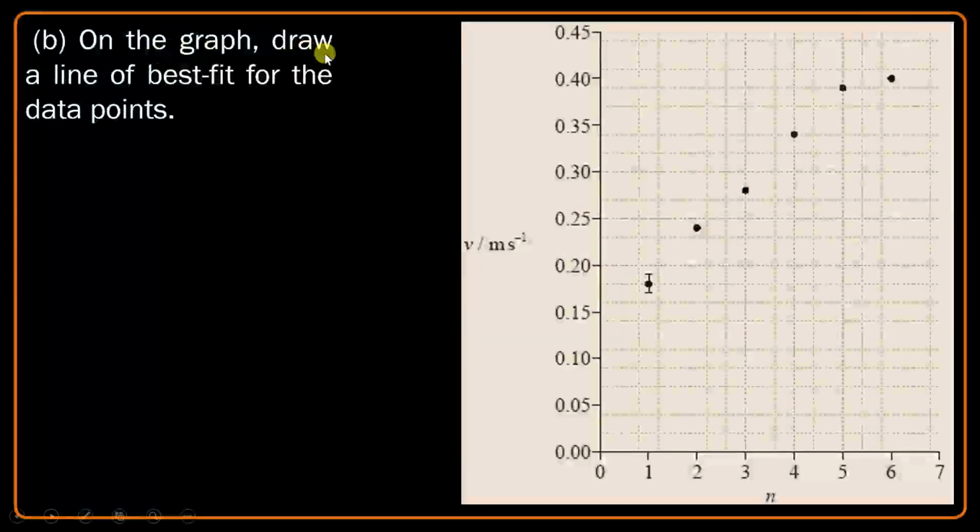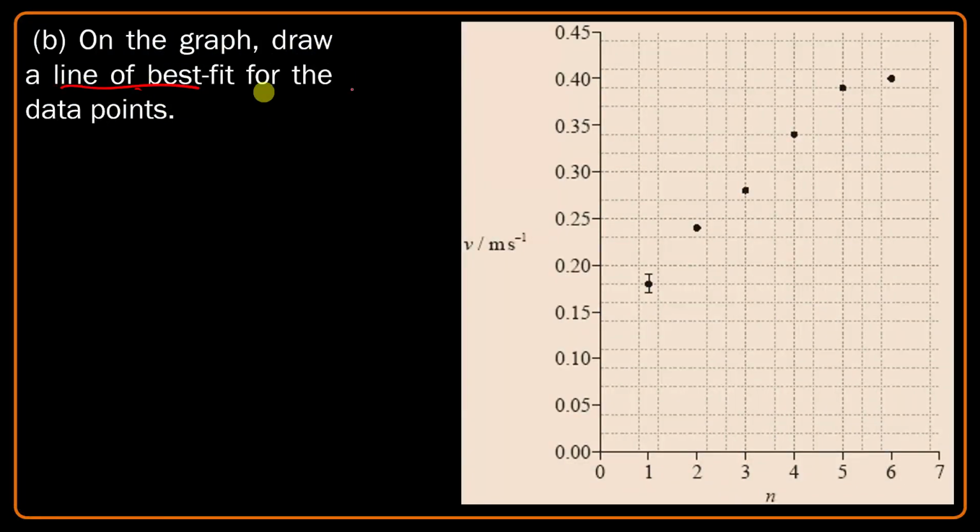On the graph, draw a line of best fit for the data points. I told you a line of best fit is not necessarily a line; it could even be a curve. So do not insist on taking a line here, because if you draw a line, you may miss some points, especially the last point. If I draw a line, it could be something like this, but I may miss that point.